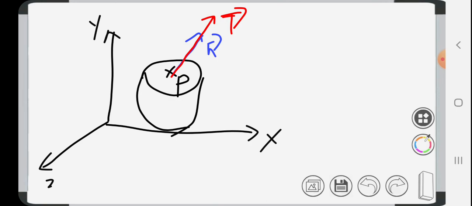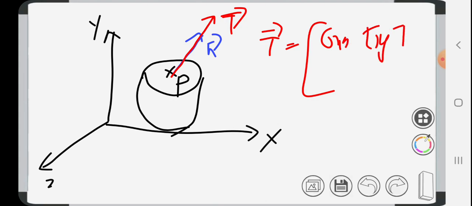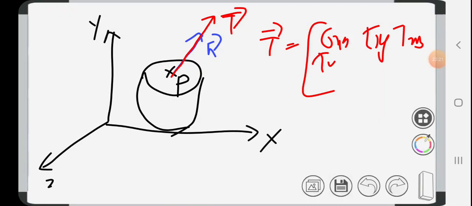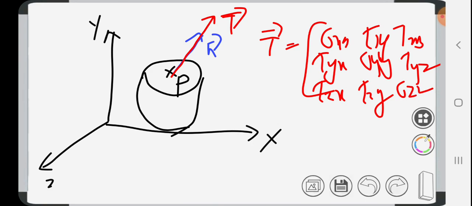Normally the t vector can be resolved along the x, y, z directions, like sigma xx, tau xy, tau xz, tau yx, sigma yy, tau yz, tau zx, tau zy, sigma zz.